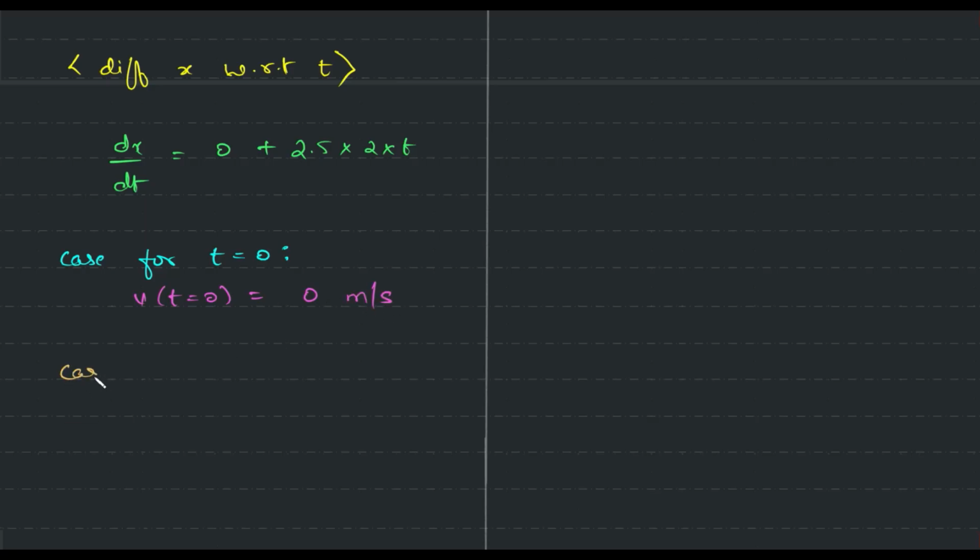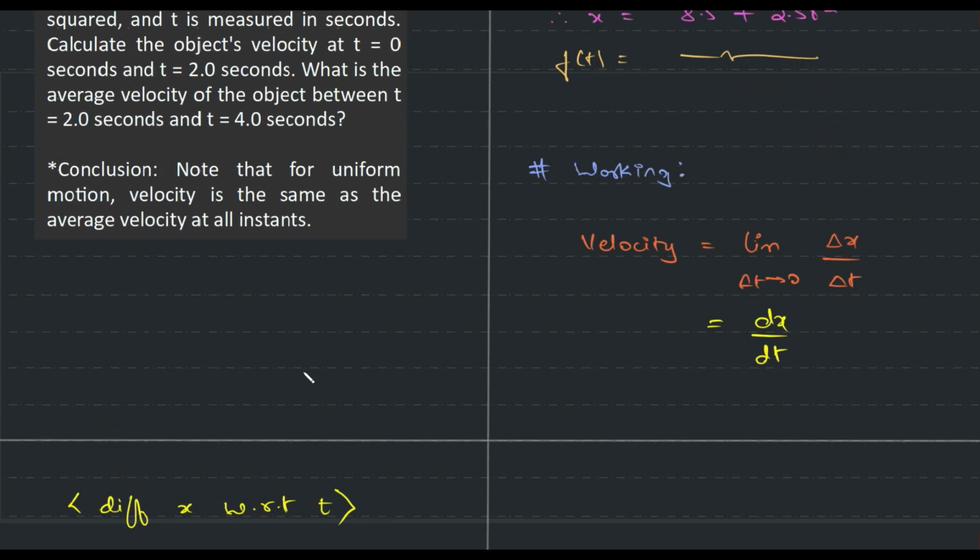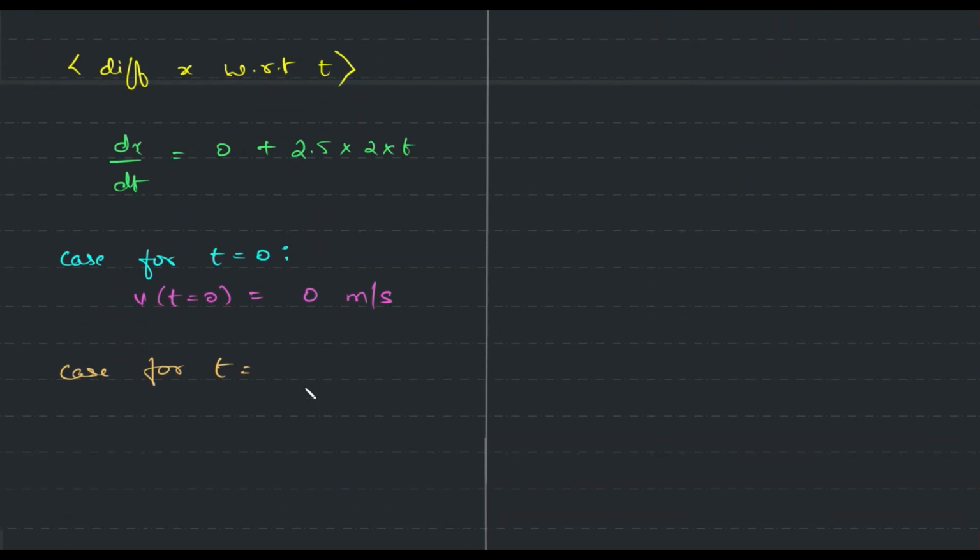Now another case for t is equal to what, guys? 2 seconds. And we have dx by dt at t equal to 2 is equal to 10 meter per second. Right?